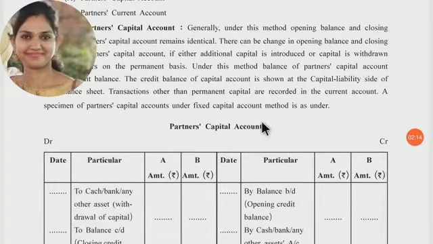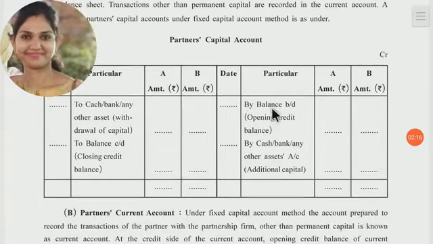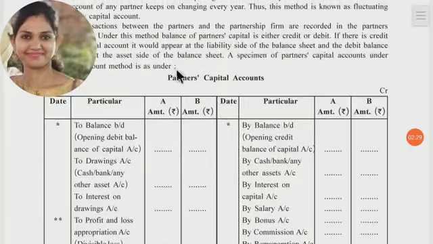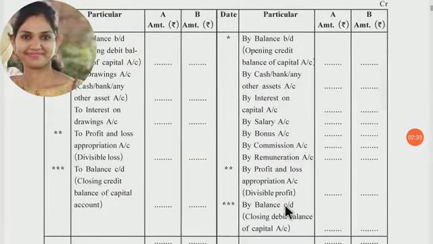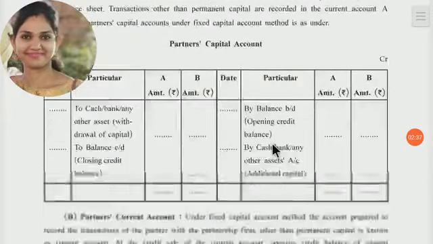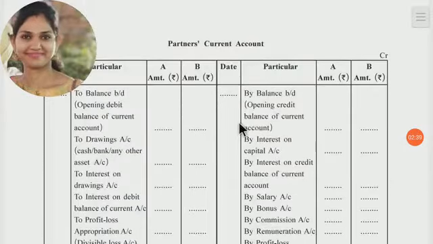In the capital account, the opening balance is on the credit side, then additional capital, and on the debit side any drawing. In the partner's current account, whatever entries we gave in the capital account under the fluctuating method, like salary, bonus, commission, profit and interest on capital, we give the same entries.